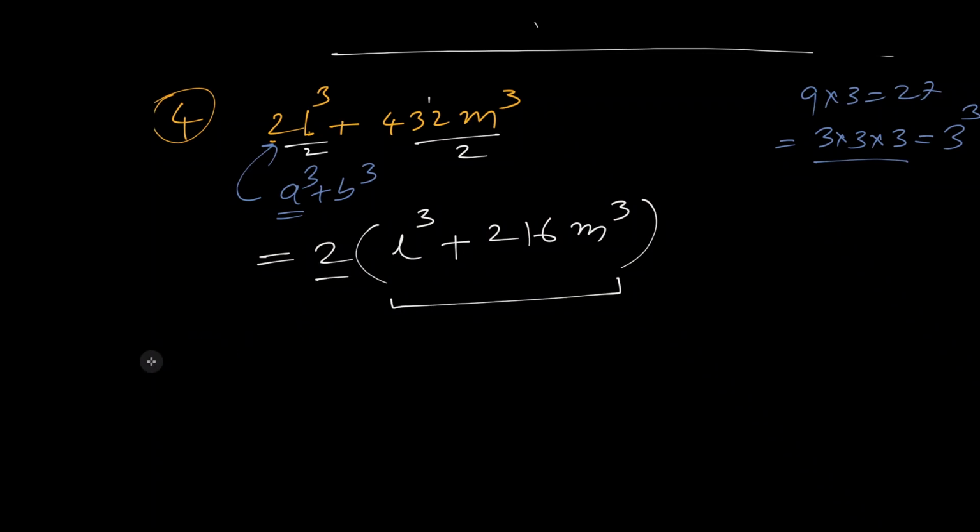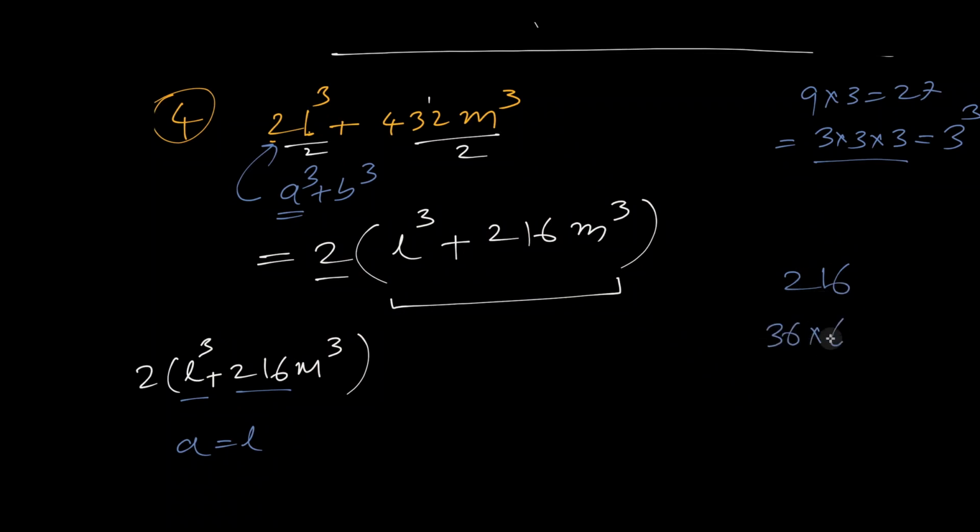Now the same question I am going to write as 2 times l cube plus 216 m cube, and what is a here? This is a equals l, because there is no number, so we'll take a as l. And what is b? B should be in the form of a cube of 216. Now we'll find the cube root of 216. It comes under 36 into 6, because 6 into 6 is 36, so the last digit will be 6.